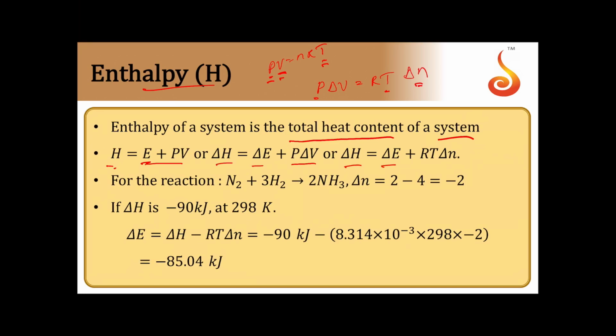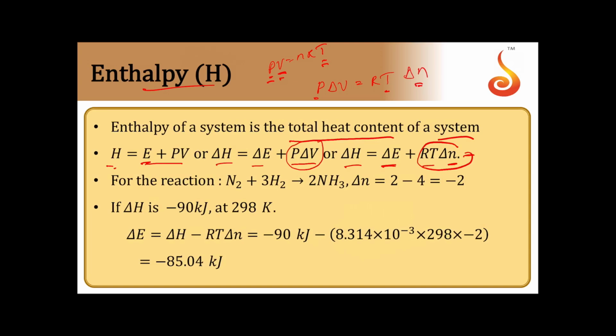Therefore, delta H minus delta E can be written as RT delta n, where P delta V is replaced by RT delta n, and delta n is equal to the change in the number of moles of gaseous products minus gaseous reactants.